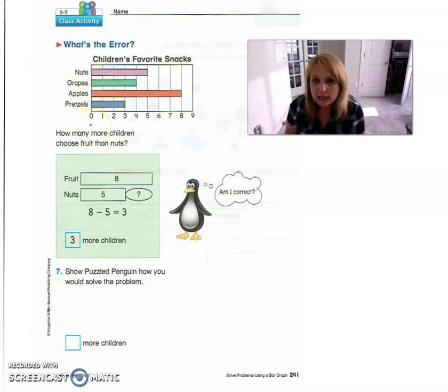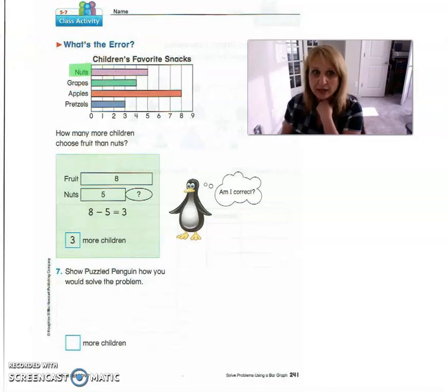And Puzzle Penguin says, how many more children chose fruit than nuts? All right, so the first thing we have to figure out is how many of these things are fruits and how many are nuts. All right, so we've got nuts right here.